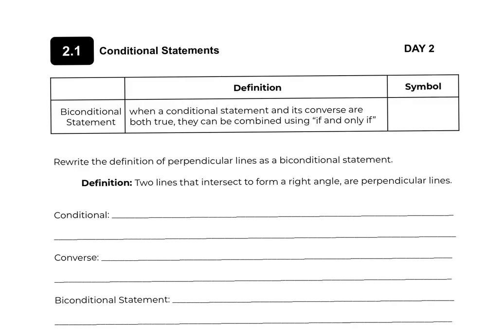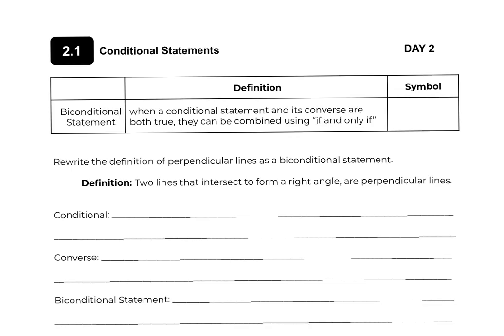So today we're going to talk about a fifth if-then statement, which we call a biconditional. If we break down the word biconditional, what does the prefix bi mean? Two, right? So we need two statements to form together to make a new one, and it's going to be two statements that we used yesterday.